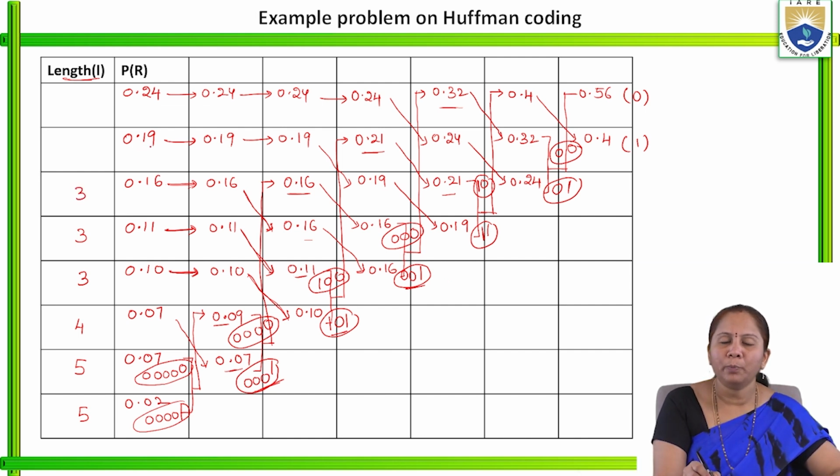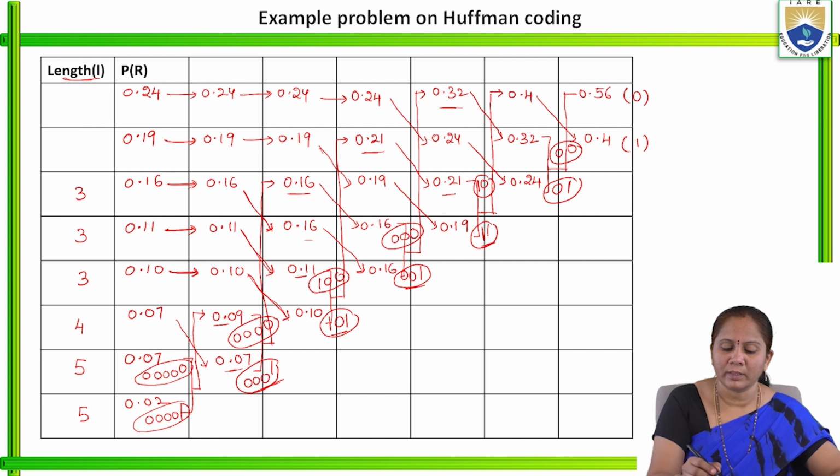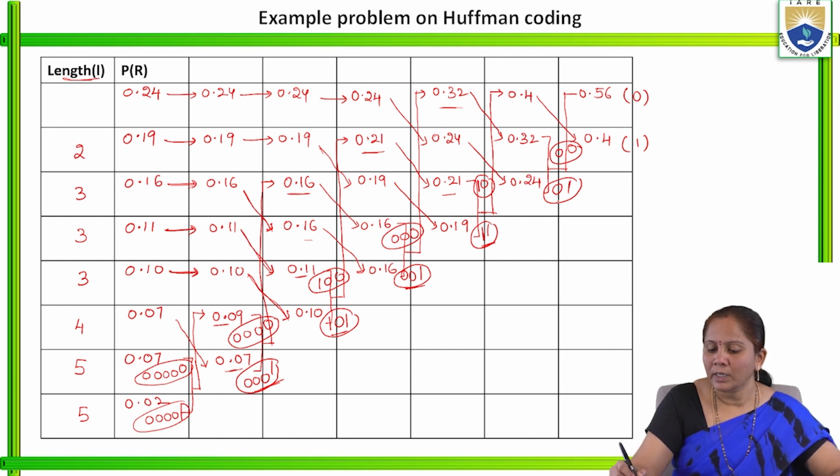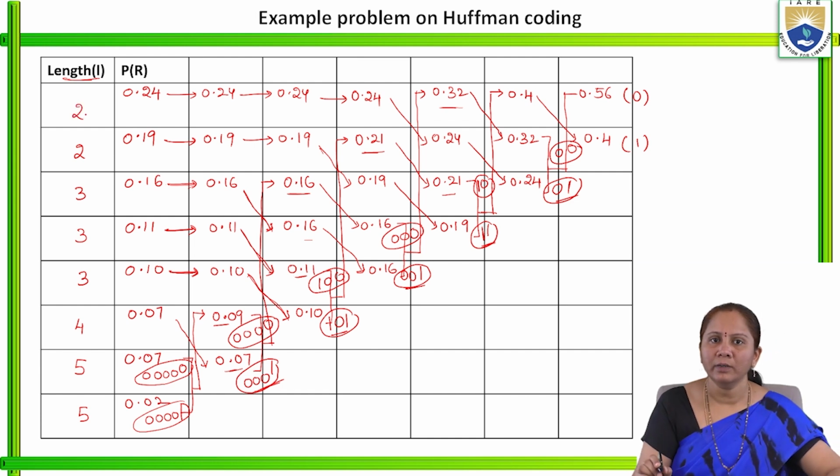Now for 0.19, if you follow this arrow, we have 11. 2 symbols are there. Similarly for 0.24, 01 is there. It also consists of only 2 symbols, 0 and 1.